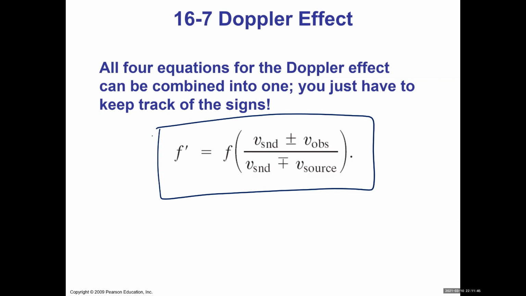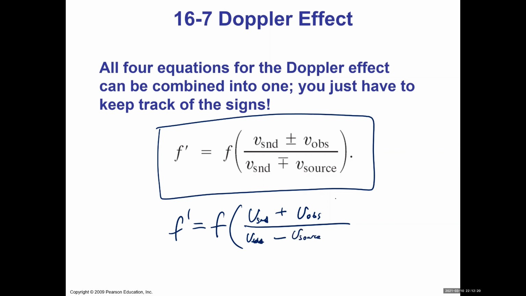So f prime, the apparent frequency, equals the original frequency times v sound, speed of sound, plus v observer. This is plus if the observer is moving toward the source. And then v sound minus v source. So think like this: this equation is for moving toward each other.